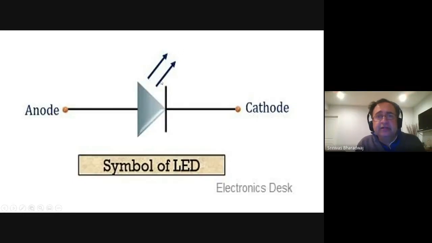It follows the idea that when an electron goes from a higher level to a lower level, as we looked at with those various scattering lines, it emits a photon. So when the electron goes from a higher level to a lower level, it emits a photon. That is roughly how the LED works.